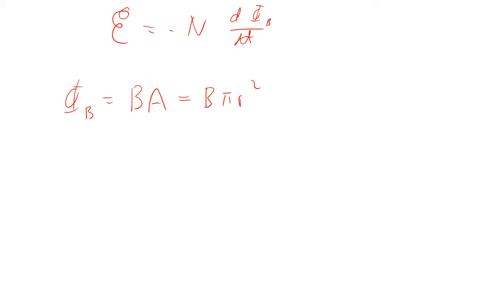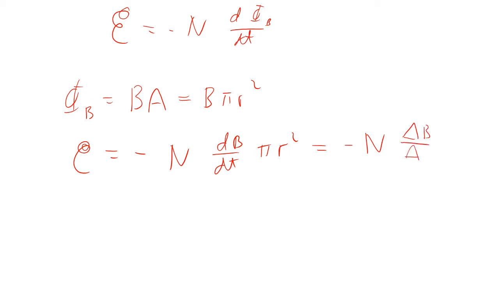Okay, and so the EMF is going to be minus N dB/dt times pi r squared. Now, if the magnetic field collapses uniformly, then that's going to be the same as delta B over delta T. So in other words, if it all drops at the same rate, then the derivatives are going to be the average of the change over the change of time.